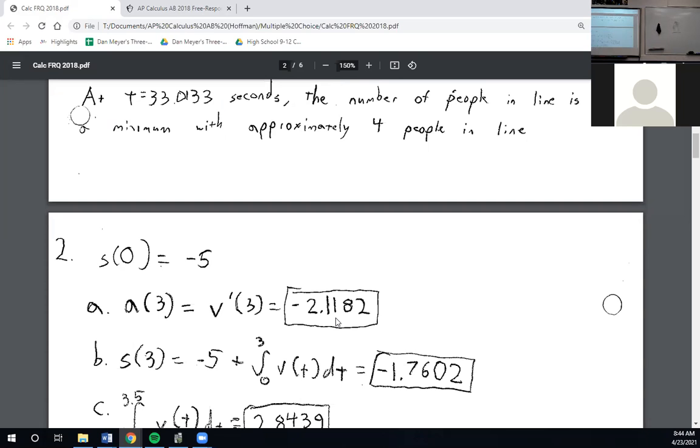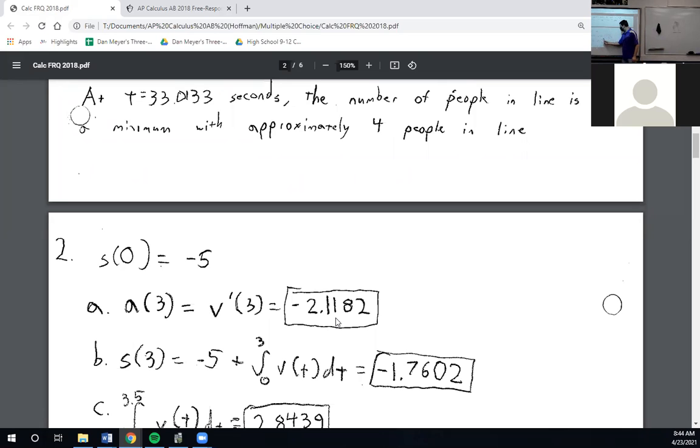Speaking of integrals, part B asks for position. Since we want the position at 3 and we have the velocity in front of us, we're going to need an integral to get back to position.